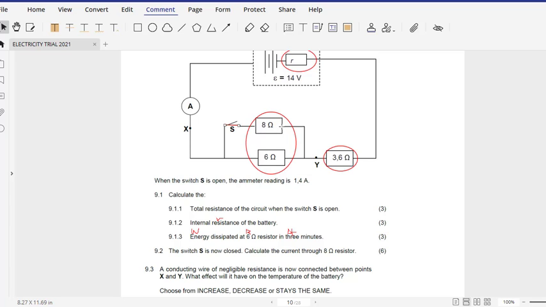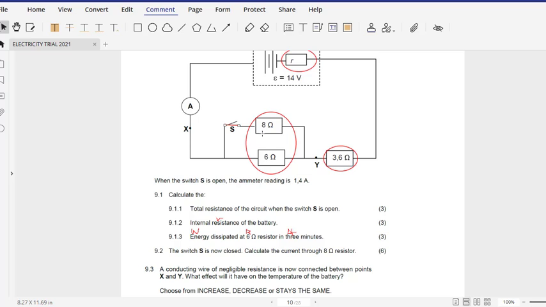So another method is to find the total current, that is the new current after we close this switch. The new current that will be read by this ammeter, and then when we get that new current, we see that these two resistors are current dividers. Then we try to divide it between the two resistors.